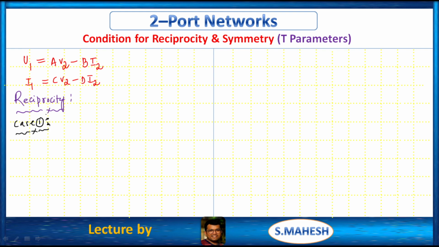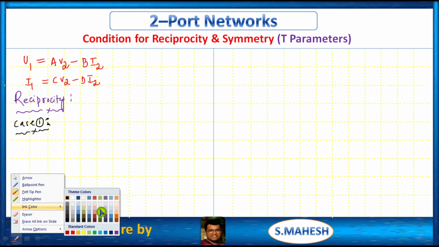Then we will get the condition for the ratio of response to excitation. Like that, for case 2, short circuit input port, we will get the response to excitation, that is I1 by V2. Later we will equate both the cases.